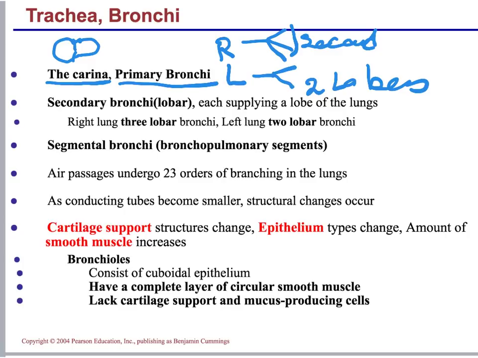To supply air to each lobe on the left, the primary bronchus splits into 2: one goes into the superior lobe and one into the inferior lobe. On the right side, we have 3 branches: one goes into the superior lobe, one into the middle lobe, and one into the inferior lobe. The secondary bronchi are also called lobar bronchi, and they supply air to each lobe.